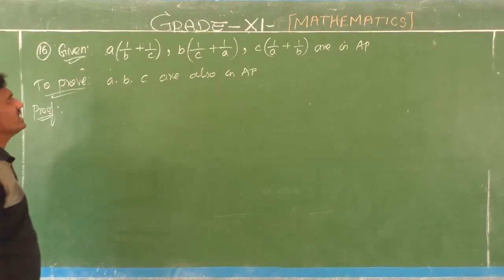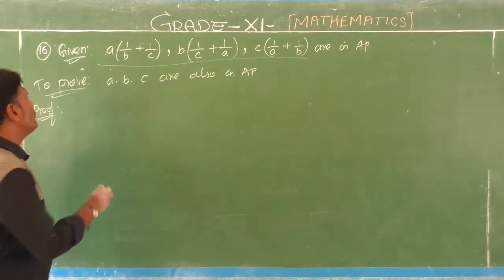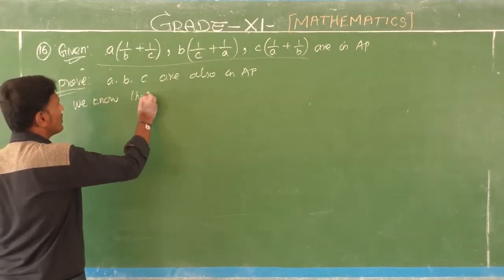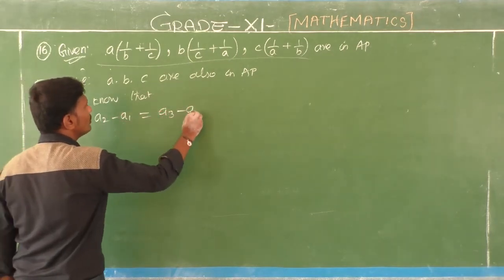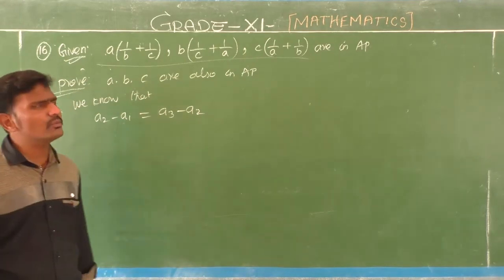Okay, students? So take the AP is given. From the AP, we know one formula. What is that formula? A2 minus A1 equals A3 minus A2, or otherwise T2 minus T1 equals T3 minus T2, and both are the same.